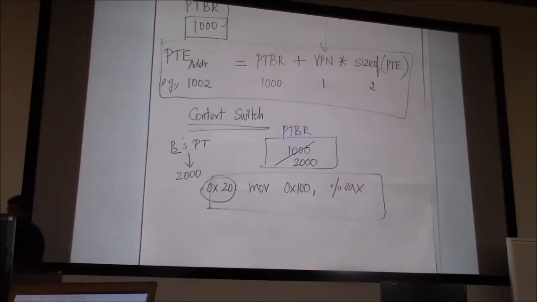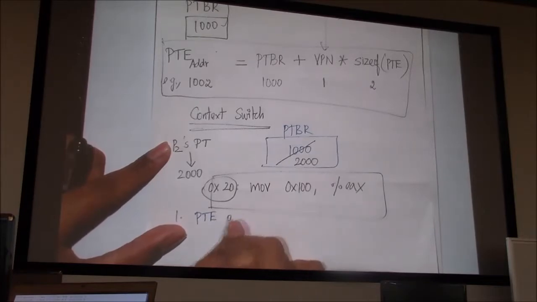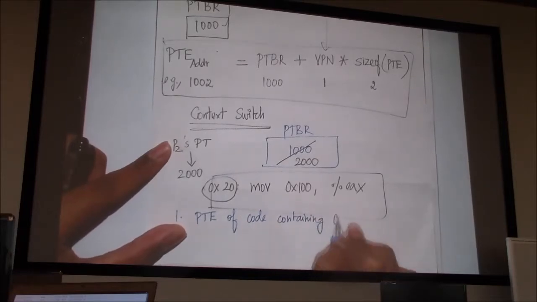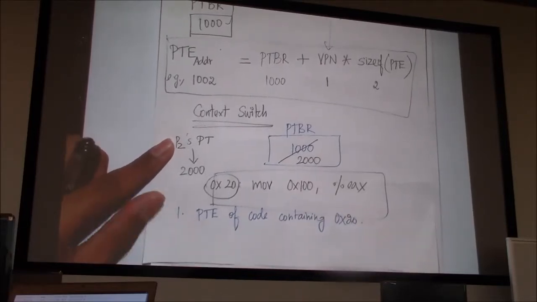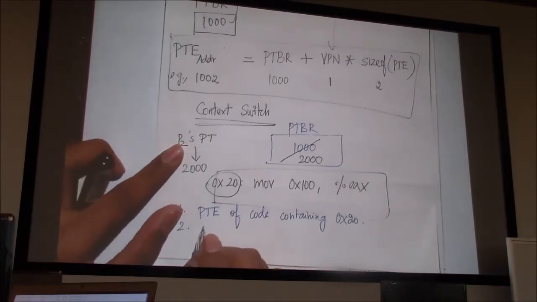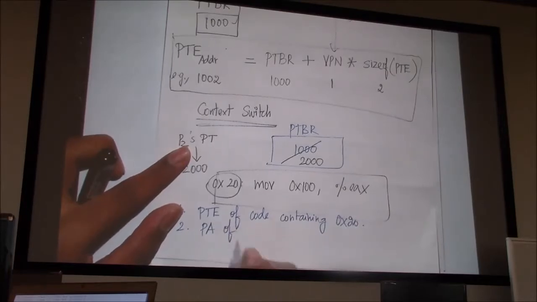The 4 accesses are: the first access is the page table entry of the code containing the address 0x20. Then the second memory access is accessing the physical address corresponding to the virtual address 20.